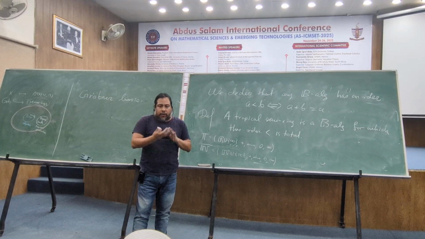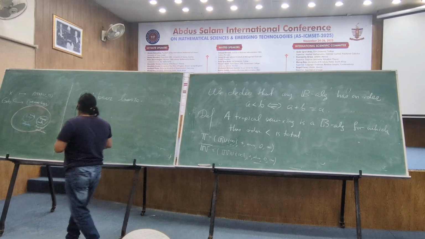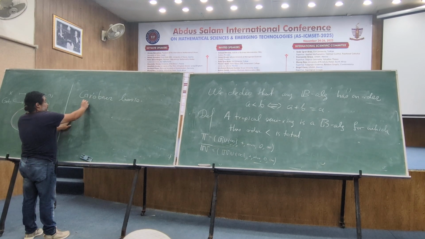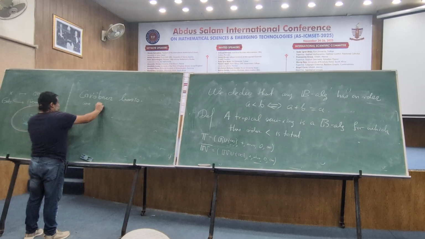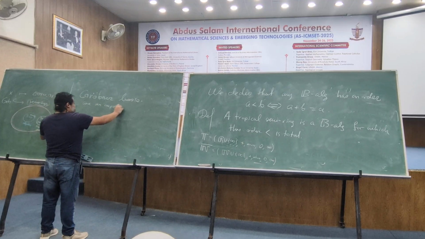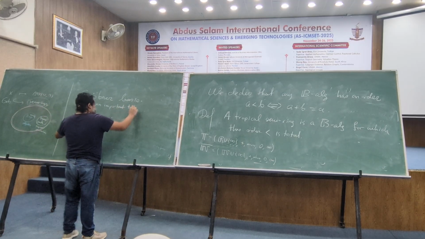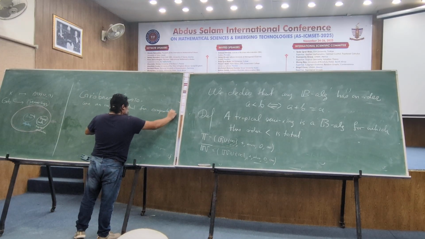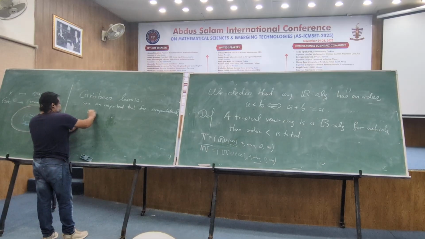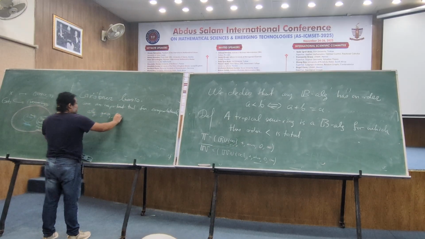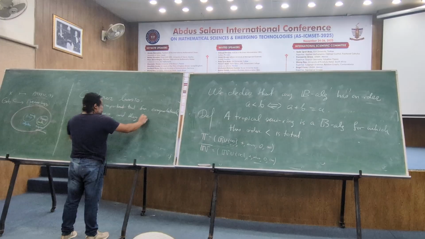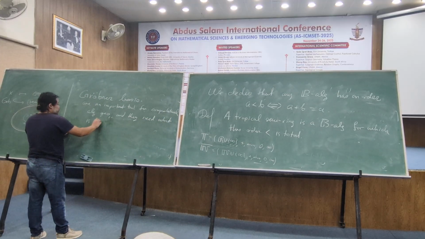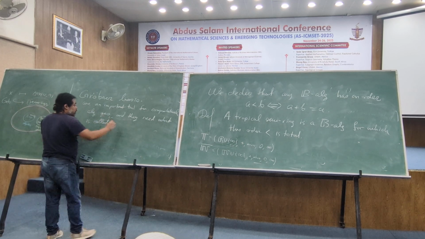And for Gröbner bases to work, we need total orders on powers of N. Gröbner bases are an important tool for computational algebraic geometry, and they need what is called a monomial order.